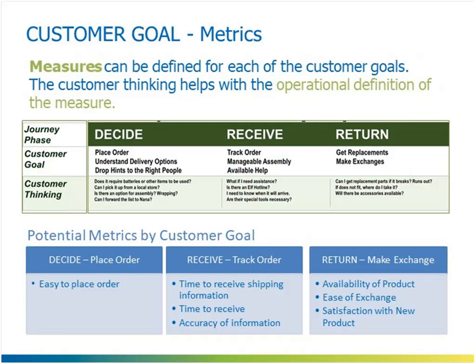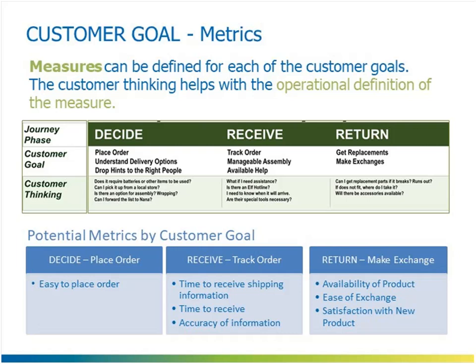So here's some of the potential goals or metrics that we would have for the customer. For placing the order, is it easy? Metadata would tell us how long it takes somebody to place an order. It could tell us how many orders actually have follow through. I start an order, did I actually put my credit card in there? Kind of from a rolled throughput yield standpoint. Receive the order, time to receive shipping information.